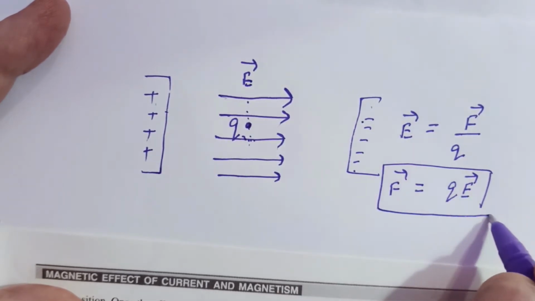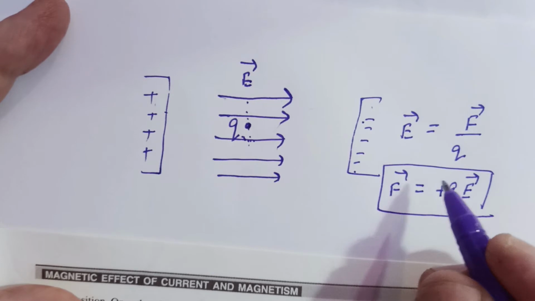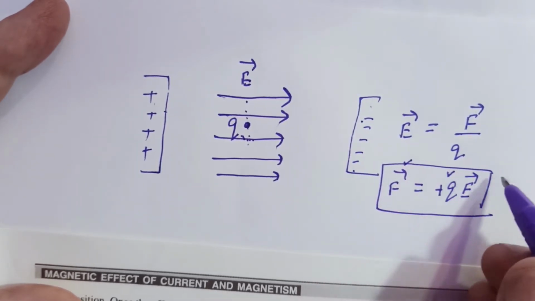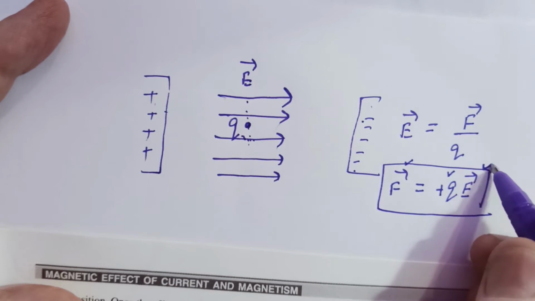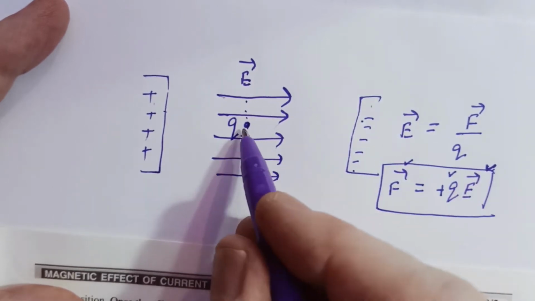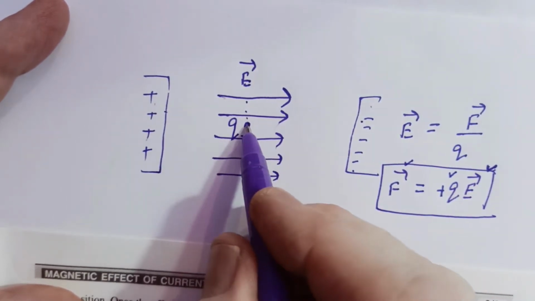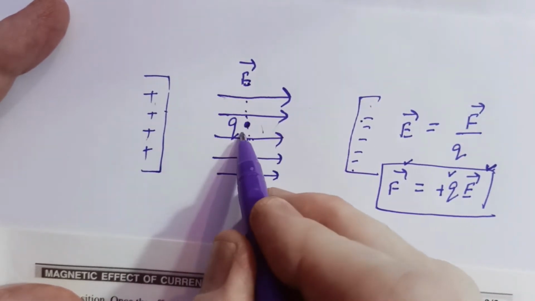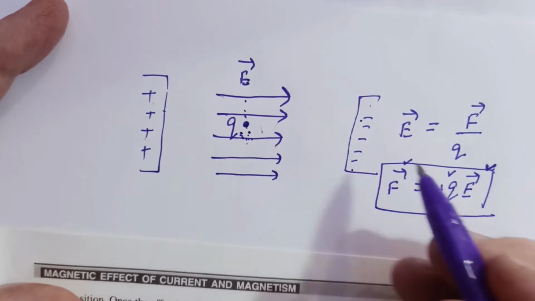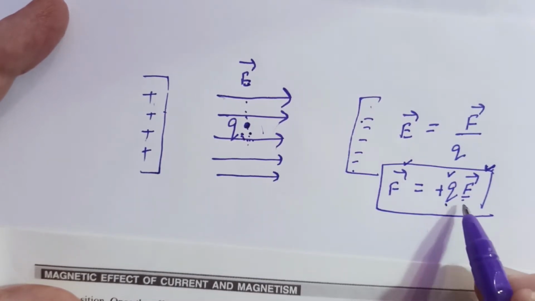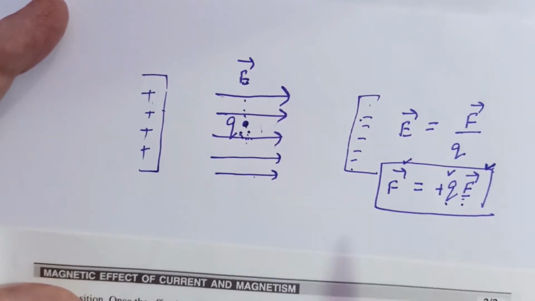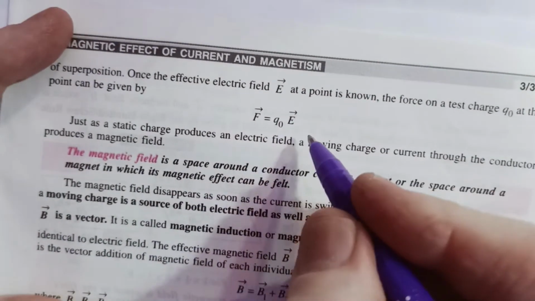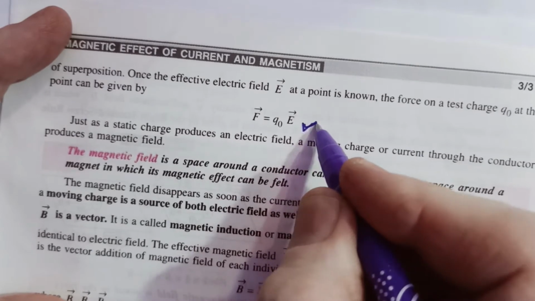If the charged particle is positive, it will experience a force along the direction of the electric field. So whenever there is a charge in the field E, the charge will experience a force equal to QE. This is about the electric field.